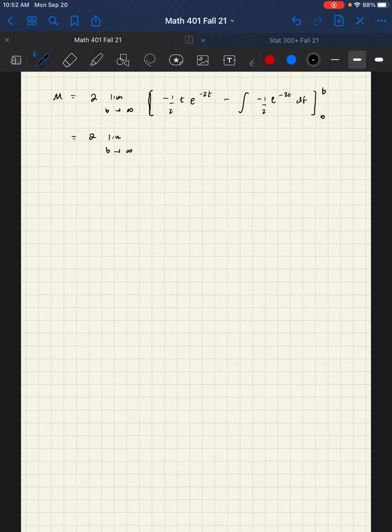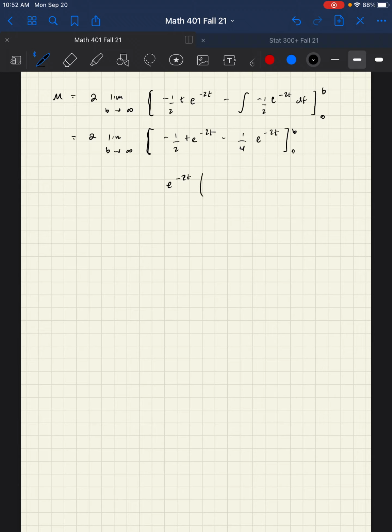Okay, so b is the thing that we're going to take the limit of. Let's clean that up a little bit. So 2 times the limit as b goes to infinity of negative 1/2 t e to the negative 2t minus 1/4 e to the negative 2t from 0 to b.